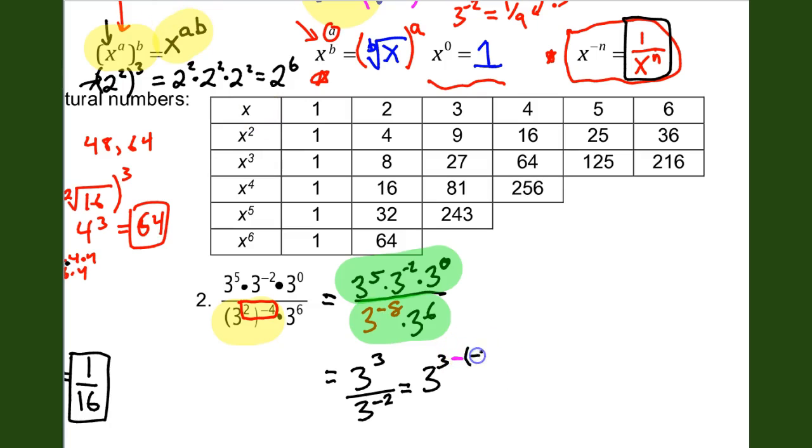So we're going to subtract the negative. Yeah. So this is where you could mistakenly get 3 to the 1 power if you just did 3 minus 2 instead of 3 minus a negative 2. So we have 3 to the 5th power, which equals 243.